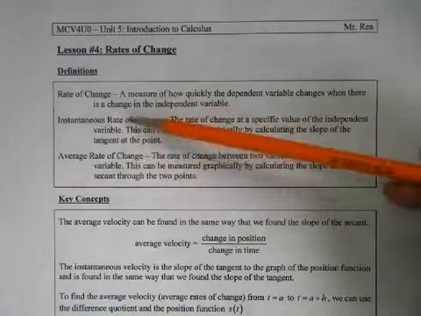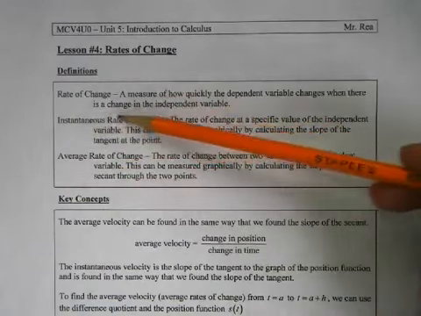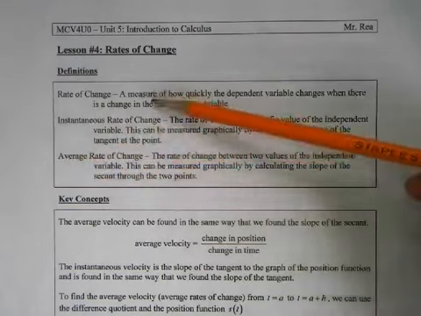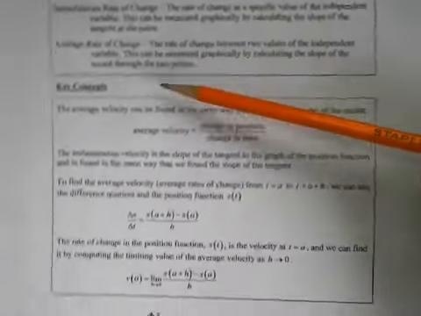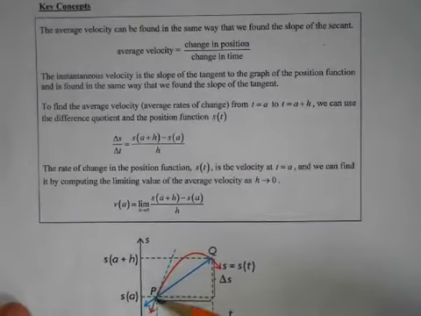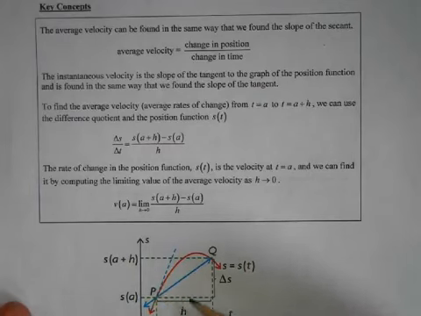When I taught this, I called this IROC and this AROC. Instantaneous rate of change is the situation where you want to know how the dependent variable is changing with respect to the independent variable, how y is changing with respect to x at that exact point.